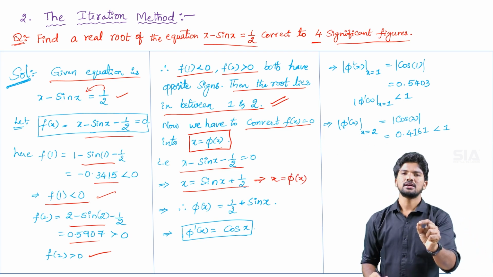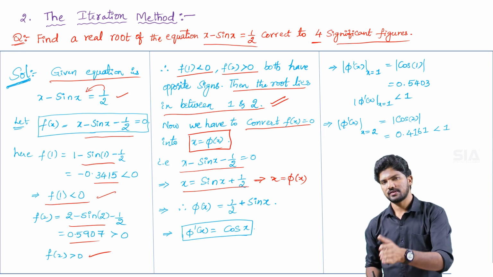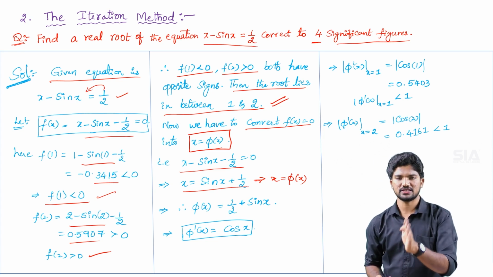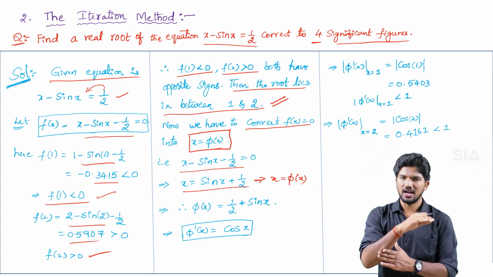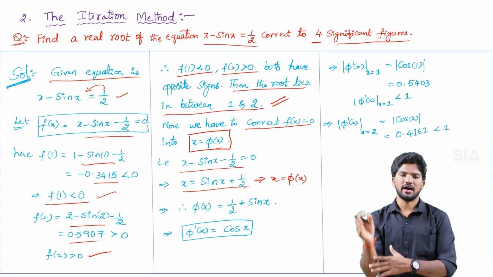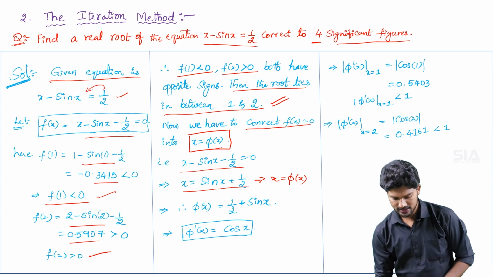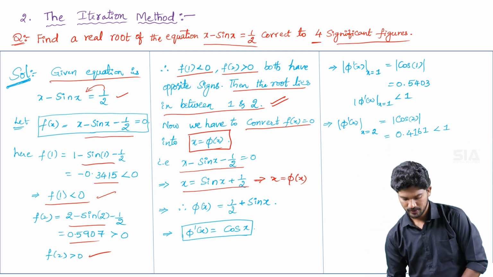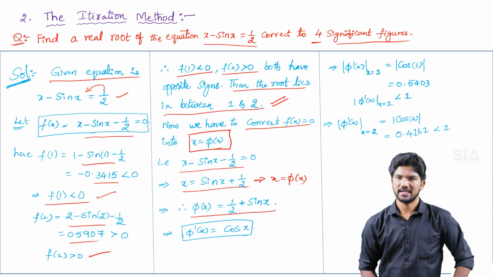Only the x term represents the LHS, and the rest of the terms, whether trigonometric function, algebraic function, logarithm, constant or exponential, you have to send to the RHS. Only x represents the LHS. So x is equal to phi of x, where phi of x is equal to 1 by 2 plus sin x.